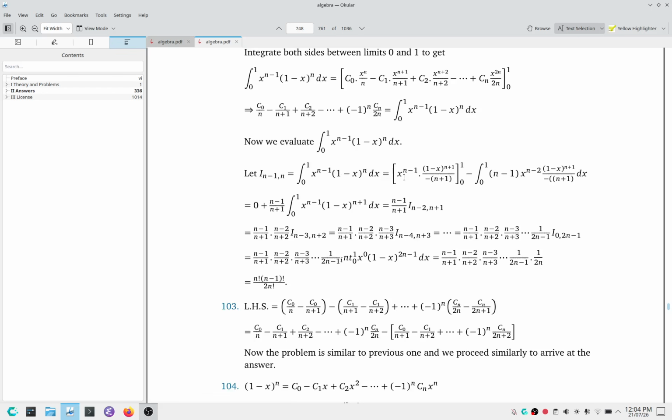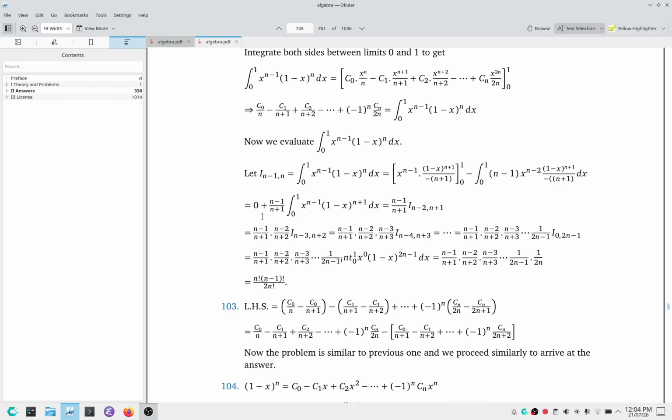The first part becomes x to the power n minus 1 times 1 minus x to the power n plus 1 upon minus n plus 1, from 0 to 1. And the second part becomes integration 0 to 1 n minus 1 x to the power n minus 2 times 1 minus x to the power n plus 1 upon minus n plus 1 dx.